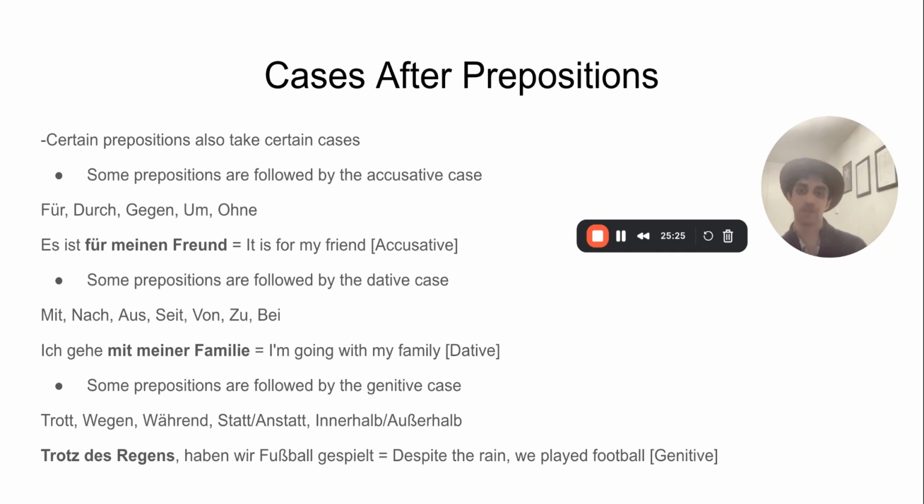Other prepositions are followed by the dative case. That can be still fairly common in German. Some examples of these, particularly for GCSE, are mit, with, nach, often meaning after, aus, often out or out of, seit, since, von, of, zu, which can mean many things, to or at, for example, bei, which can mean at the house of, among other things.